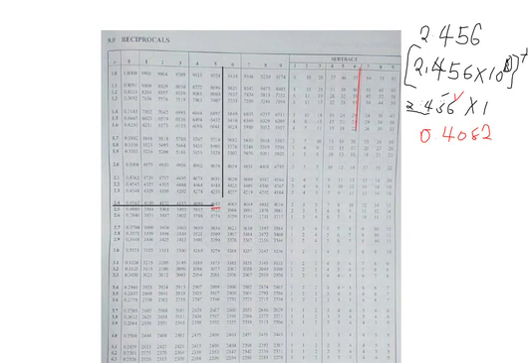We move downwards to see the number coinciding with the row 2.4, and yes, we have the number as 10. We are told to subtract, so you have to subtract 10 at the end right here, and our reciprocal will be 0.4072. So this means that the reciprocal of 2.456 is 0.4072.